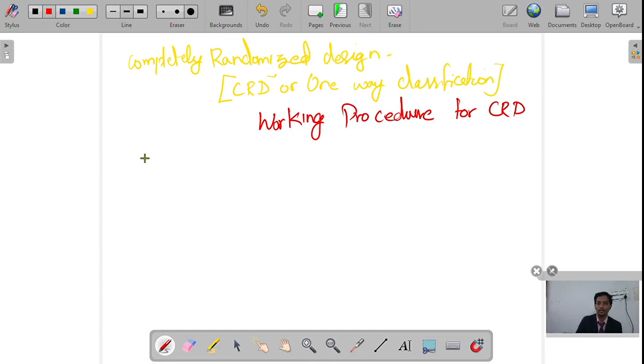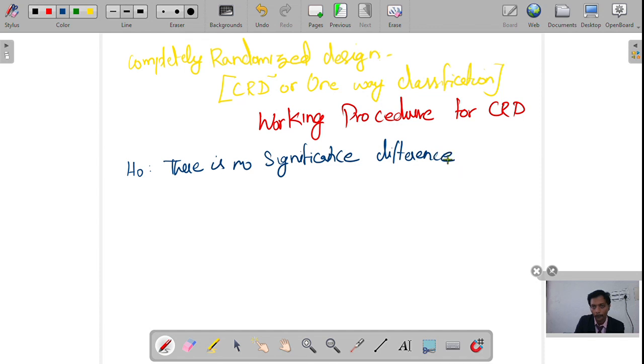If you are looking at a problem in CRD, first we need to write the null hypothesis H0 and the alternative hypothesis H1. H0: there will be a set of samples given, and we say there is no significant difference between the samples.